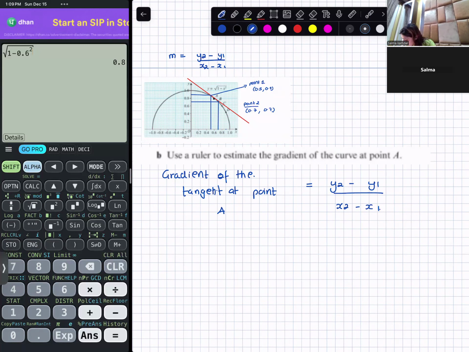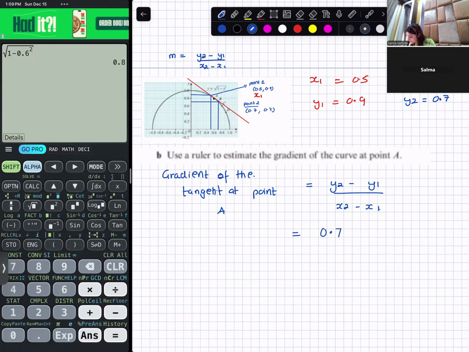My x1 is 0.5 and my y1 is 0.9, and my x2 is 0.7 and y2 is 0.7. So this is going to be y2 minus y1 over x2 minus x1.